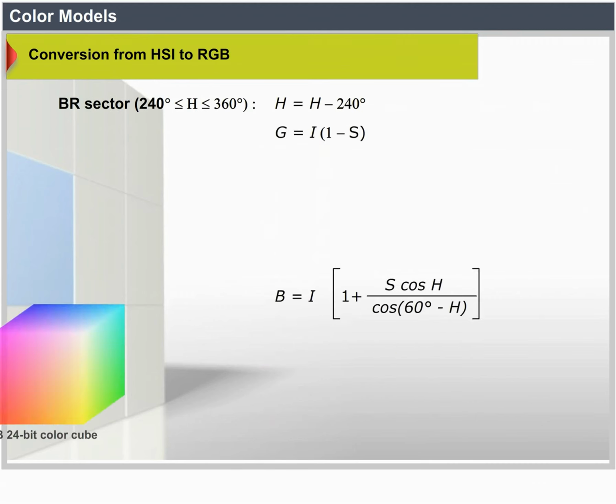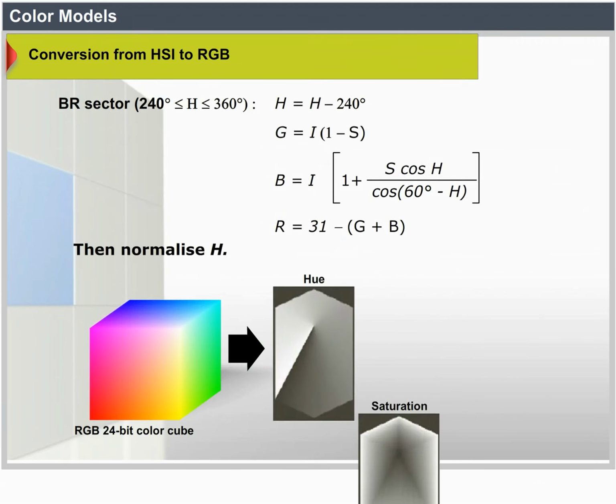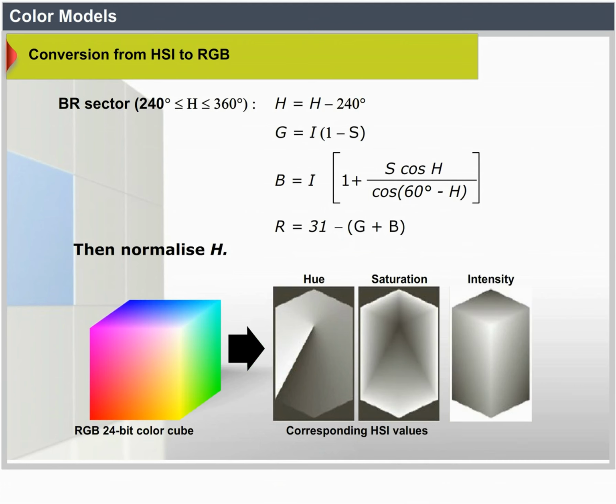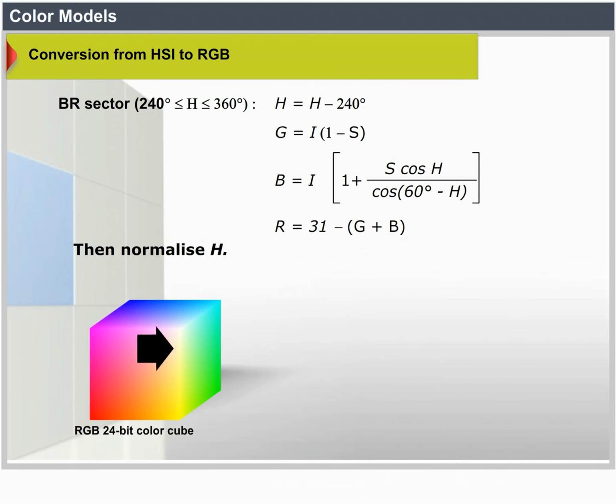The images on the screen show the conversion from HSI to RGB. Manipulation of HSI images. In the figure, RGB image components correspond to its HSI image: hue, saturation, intensity. Modified HSI image.